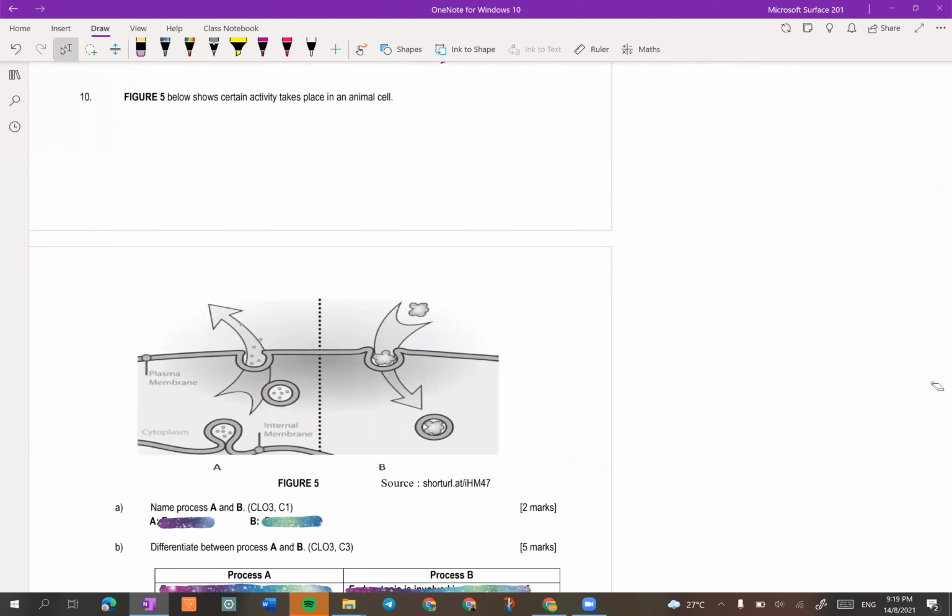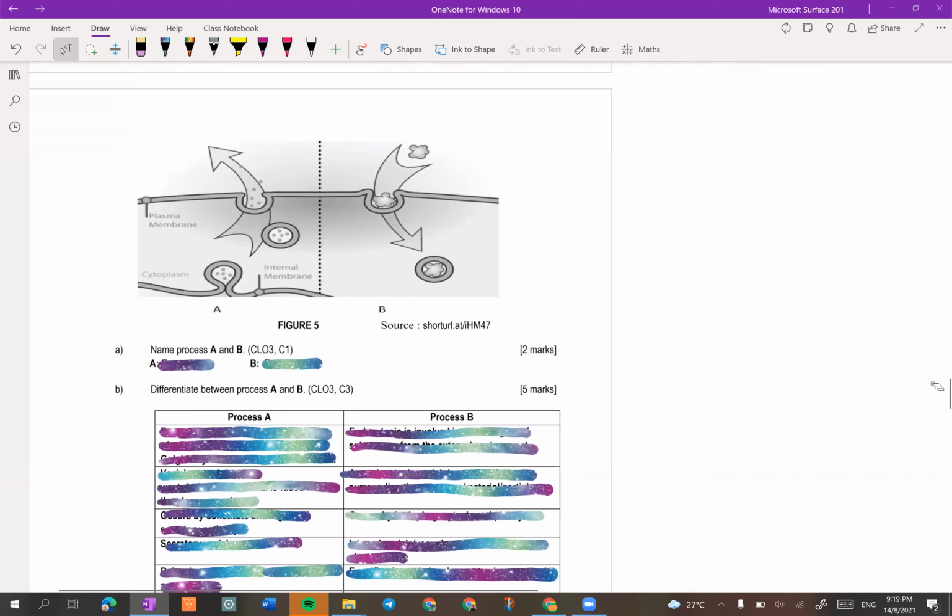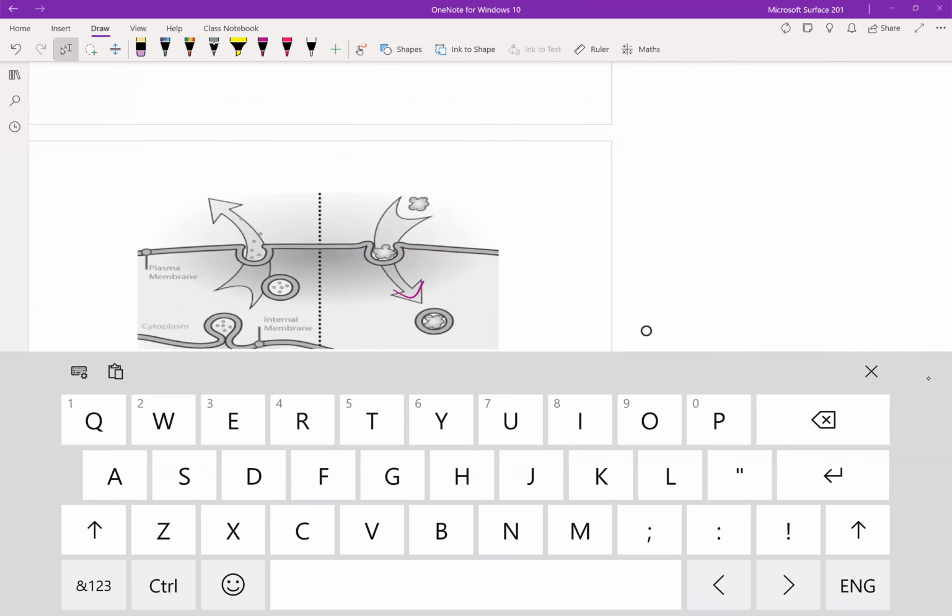Below shows a certain activity taking place in animal and plant cells. You can see here, you can imagine this is the membrane, and there is an arrow going in and an arrow going out. So this is going to be bulk transport.